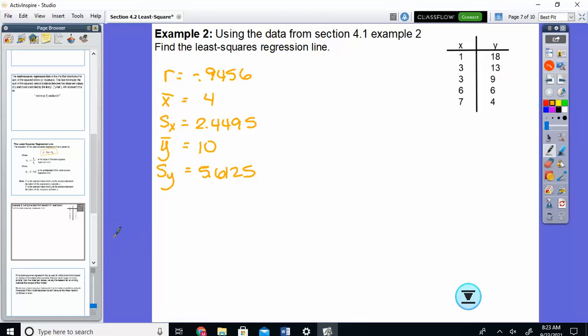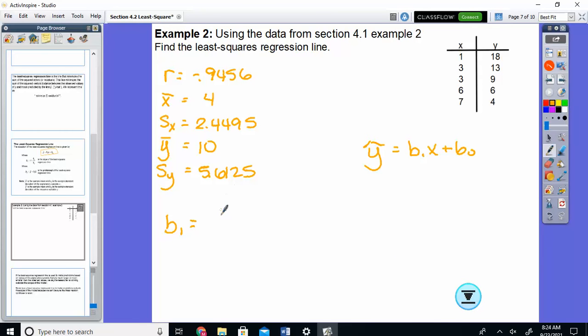So if I wanted to write this equation by hand, let's look at our formula sheet. We need our slope and our y-intercept. The equation is y hat equals b sub 1 times x plus b sub 0.